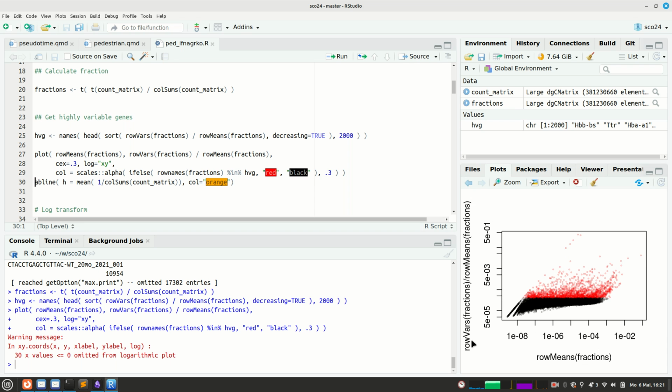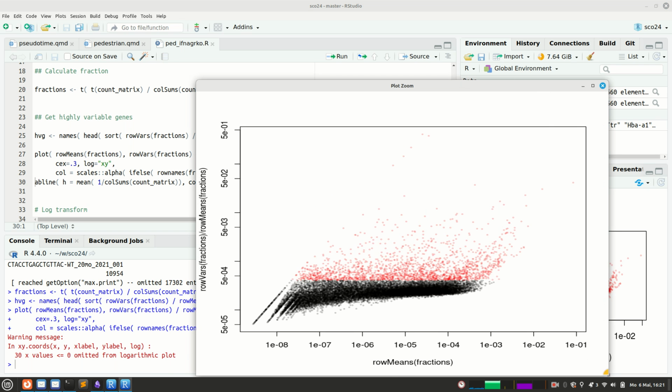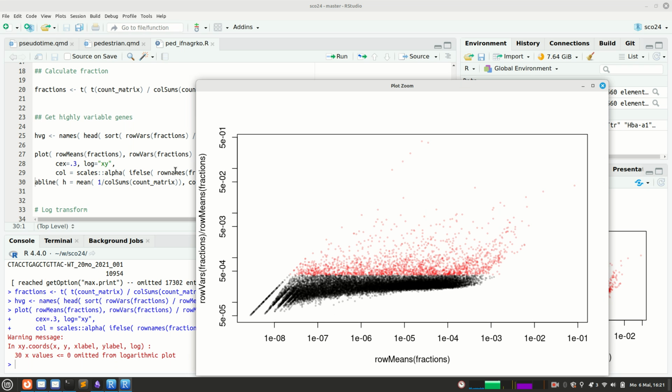On the y-axis, we plotted this factor here, the ratio of row variances to row means, which is something like the excess over Poisson noise.